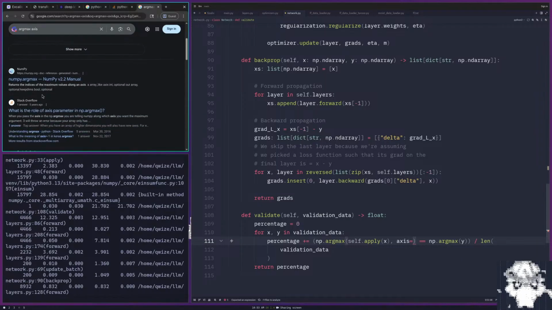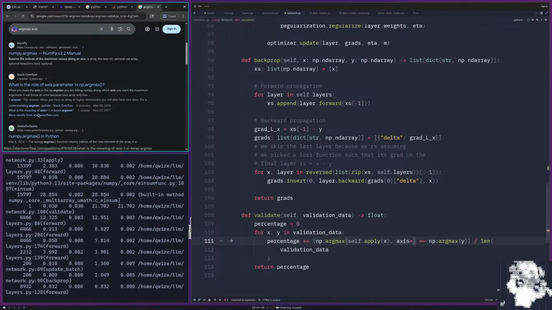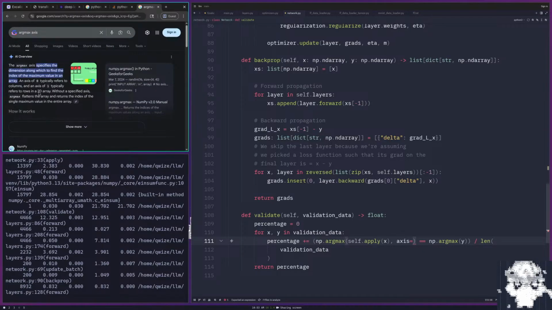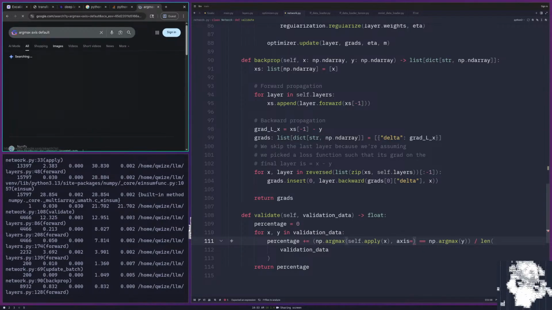So this would be 0. What's the default? Is the default 0?